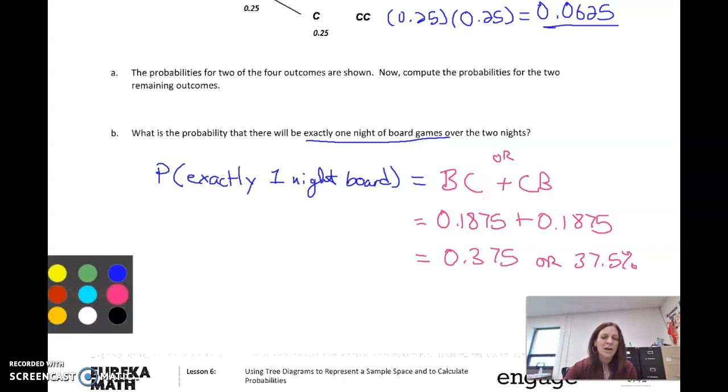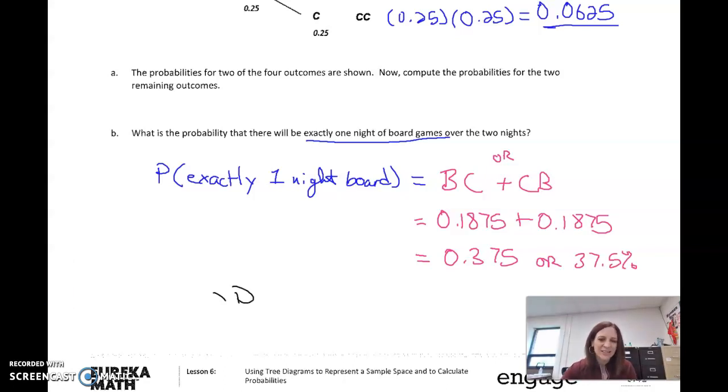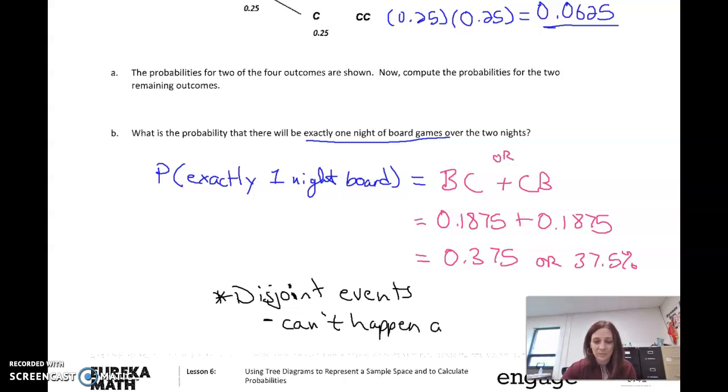Just so you know, these are called disjoint events. Don't stress about this. Disjoint events can't happen at the same time, and that's why we add them together here. There's no overlap. I just want you to have heard this term before.